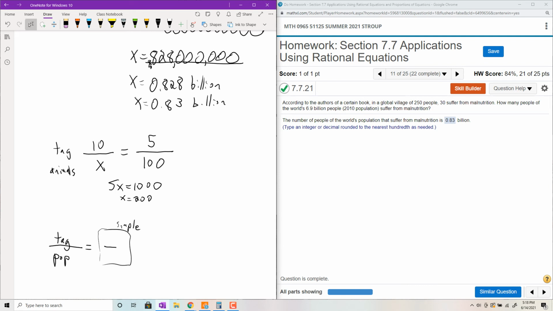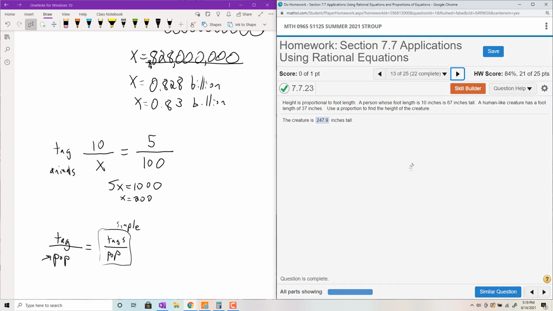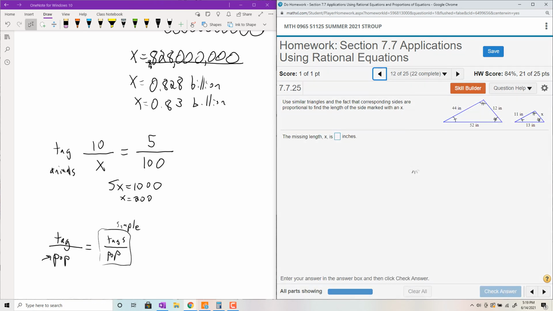So you pick up a bunch of animals, maybe collect 100 animals, and then you see how many of them have tags. From this you could figure out the total population. I hope that makes sense. Let's try it in one of these problems.